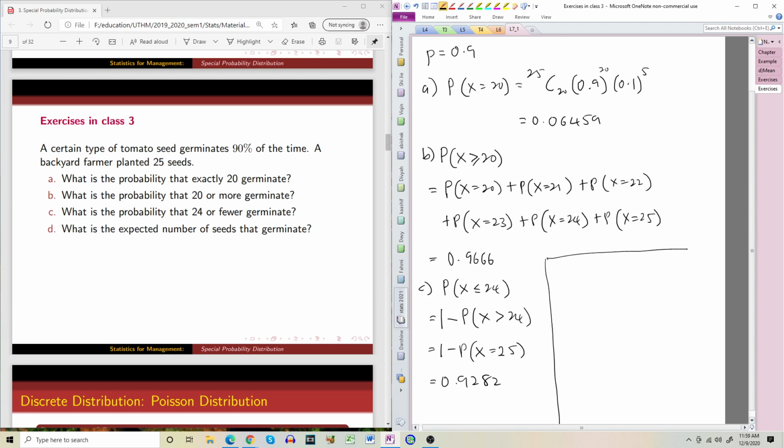For D, what is the expected number of seeds that germinate? Expected number is equal to mean. So our mean is np.